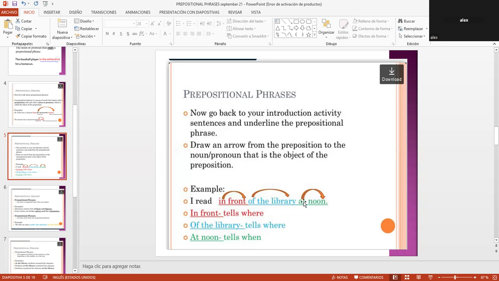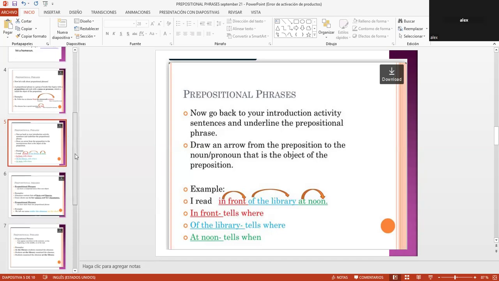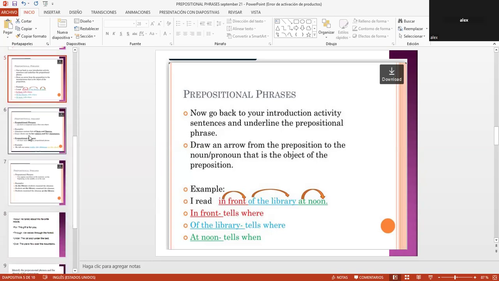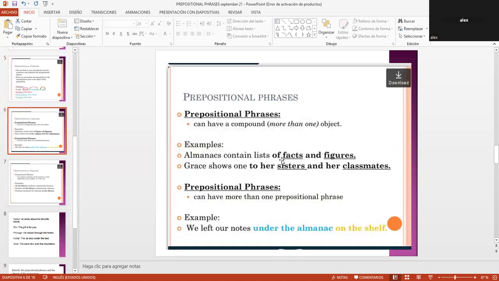So this preposition at is introducing information about time, and in and of are prepositions that are introducing, in this case, a place. Okay, places, time. Time and place. Okay, let's continue.